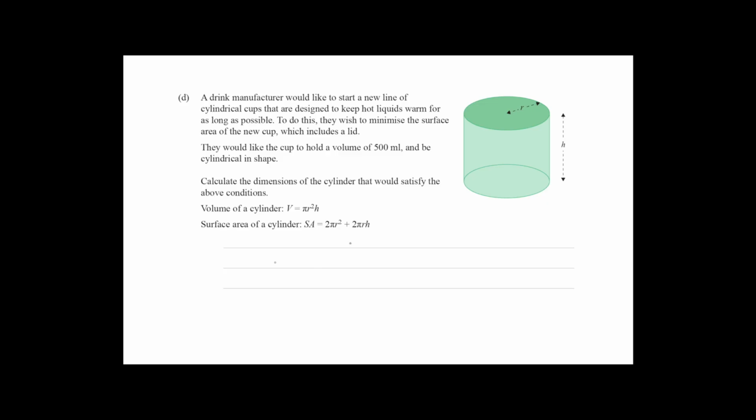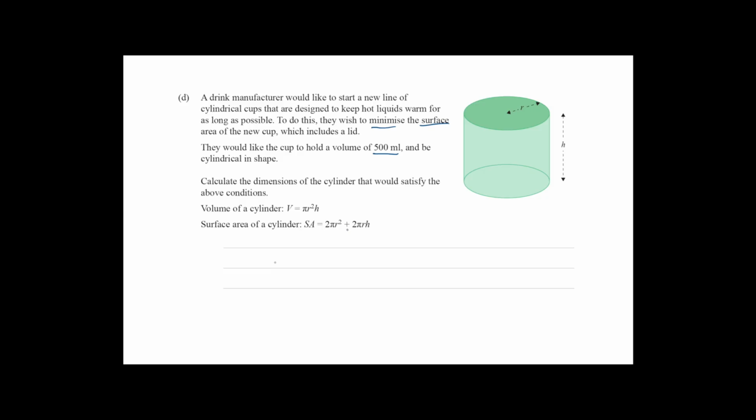To do this, they wish to minimize the surface area of the new cup, which includes a lid. They would like the cup to hold a volume of 500 mils and be cylindrical in shape. Calculate the dimensions that would satisfy the above conditions.